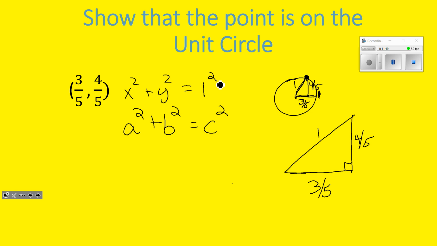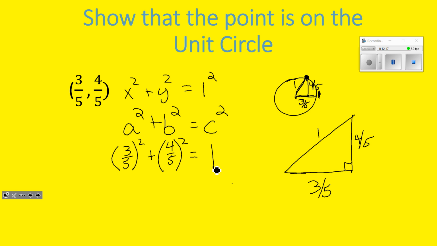Correct? You can either think of it as the Pythagorean theorem, or you can think of it as x squared plus y squared equals 1, which is the definition of the unit circle. So we're just going to plug in. My x is 3/5 squared. My y is 4/5 squared. And we're going to prove that it's equal to 1.